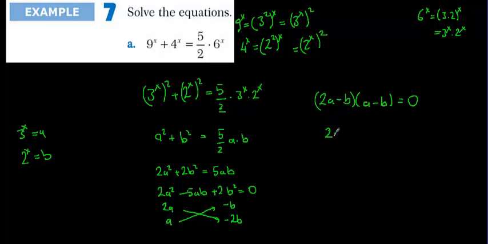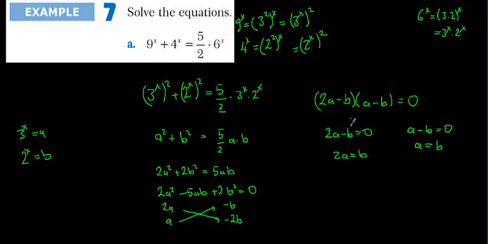So 2a minus b is equal to 0, 2a is equal to b, and from the second one, a minus 2b is equal to 0, a is equal to 2b.